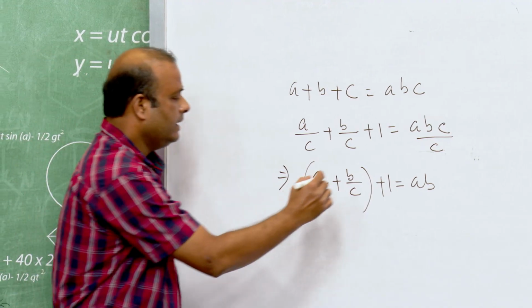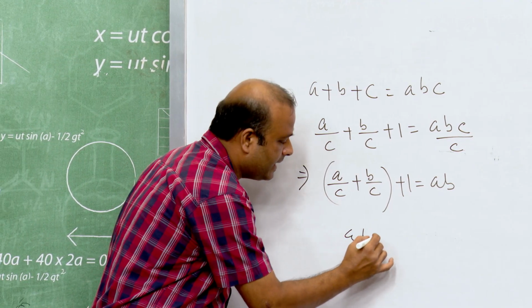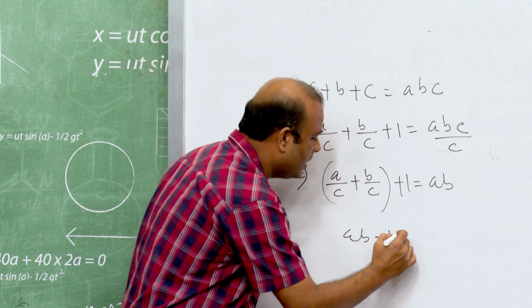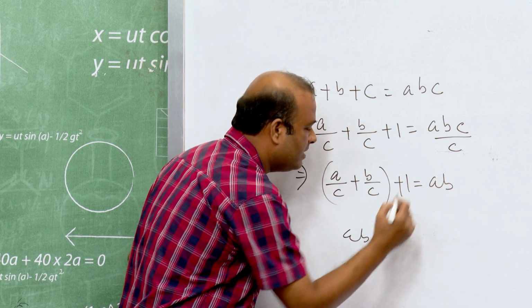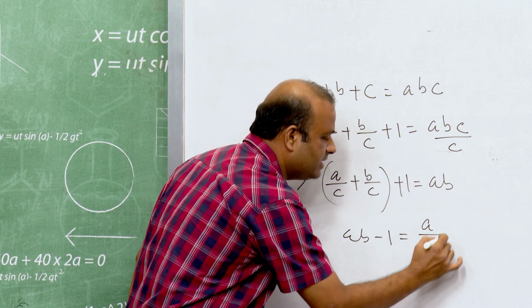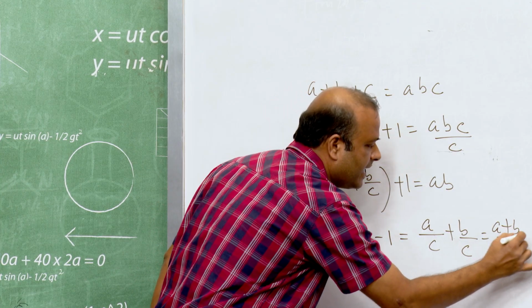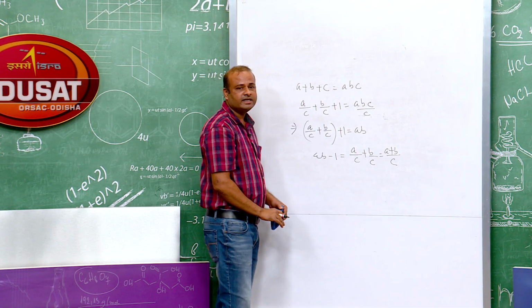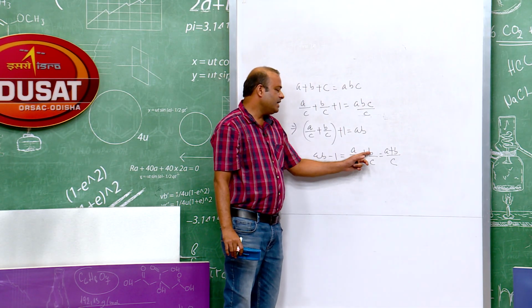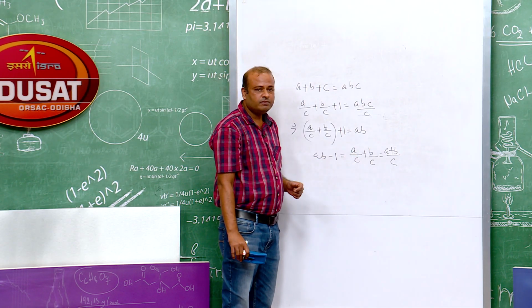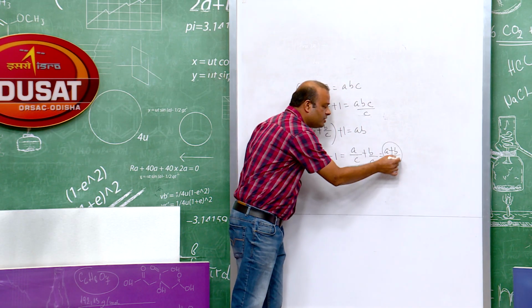Or AB minus 1 is equal to A by C plus B by C, which is equal to A plus B by C. But it is given that A, B, C all are positive, so this term will be positive.